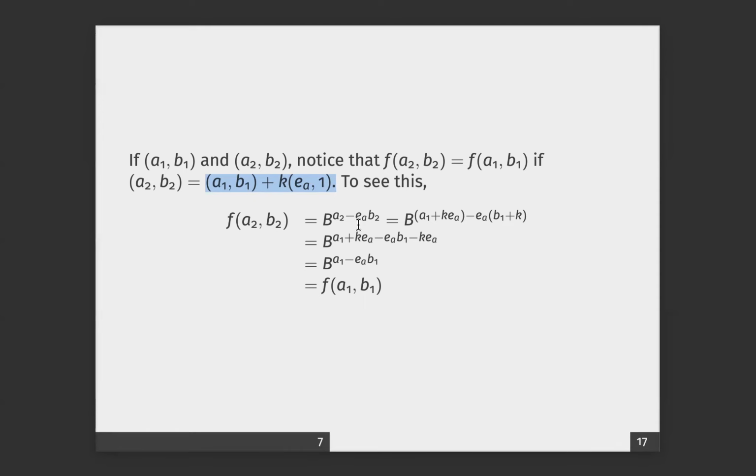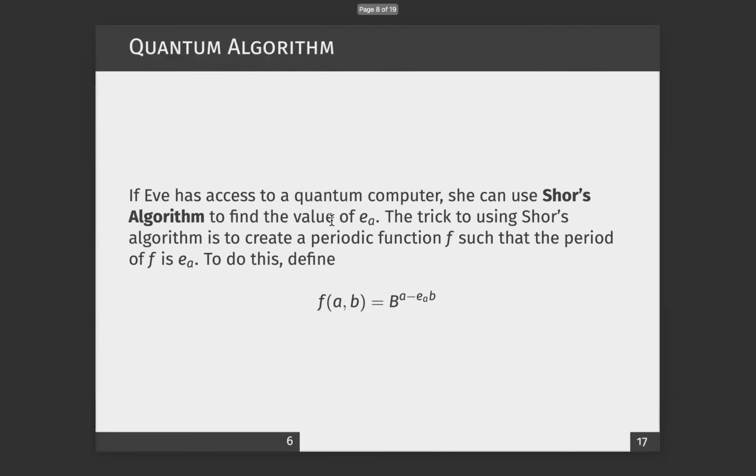You show that using this computation. You compute f of A2 B2 first. We know that f of A2 B2 is equal to this term here, by definition of the function f.